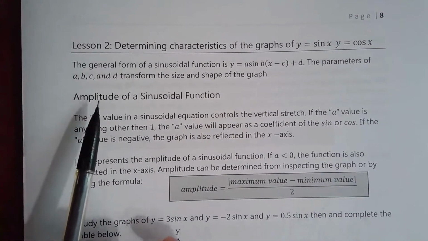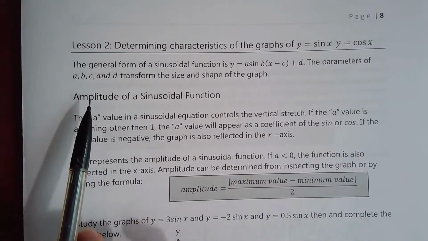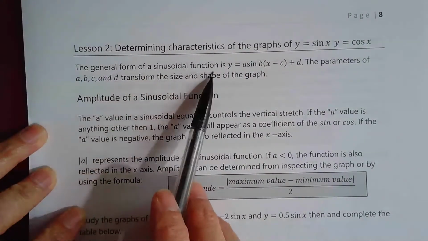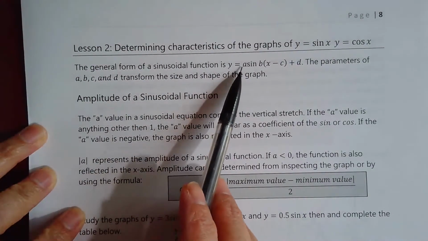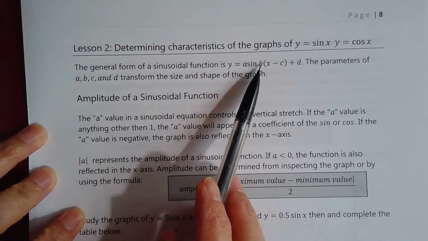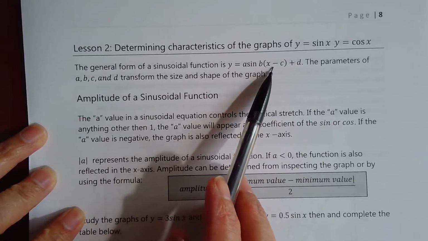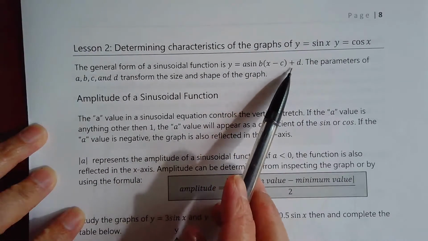The very first thing that we talked about, I'll read this off first. The general form of a sinusoidal function is y equals a sine b times x minus c, plus d.